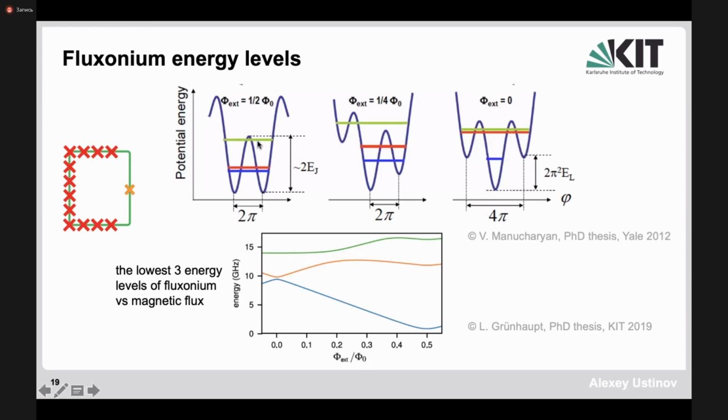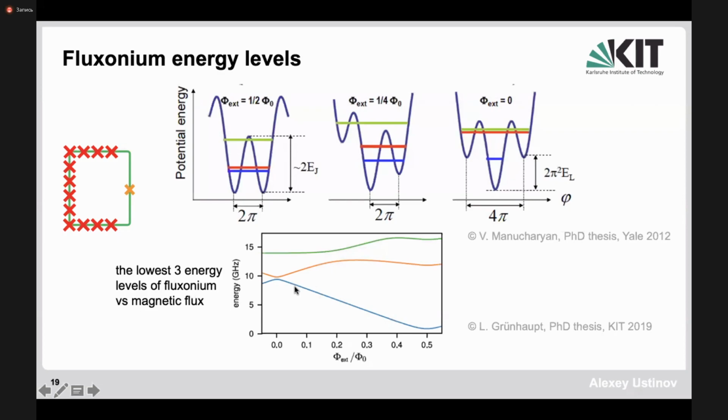And then if you diagonalize the Hamiltonian for the external flux equal to half flux quantum, which you control by external magnetic field, then you have two lowest energy levels with very small separation, a symmetric double well, and then the upper state, similarly to the flux qubit, is somewhere up there.